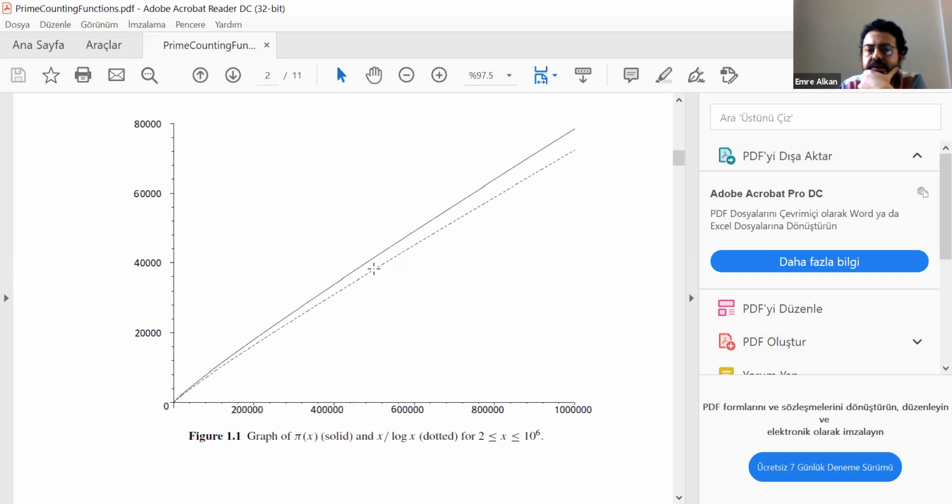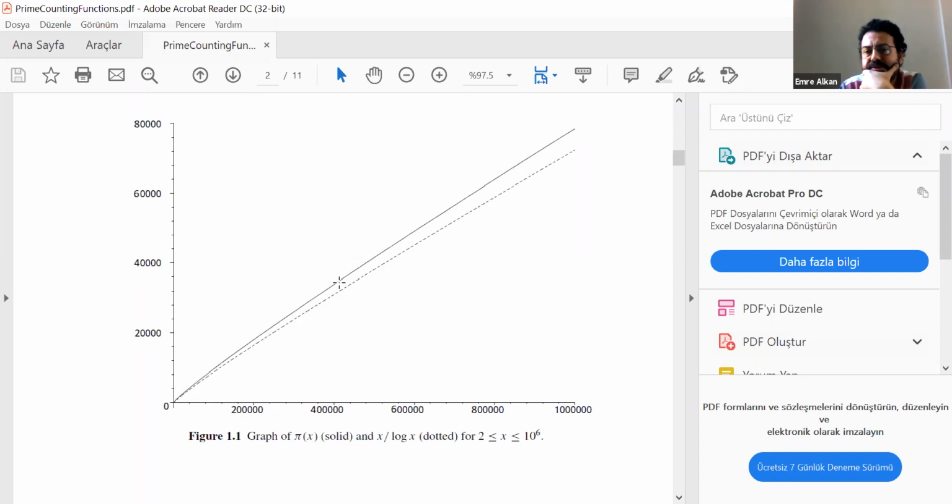I think anybody seeing this graph should be surprised, because on the macro scale, the graph of pi of x is so smooth. You cannot even tell that it's a step function, made up of steps. So on a macro scale, primes are behaving regularly.